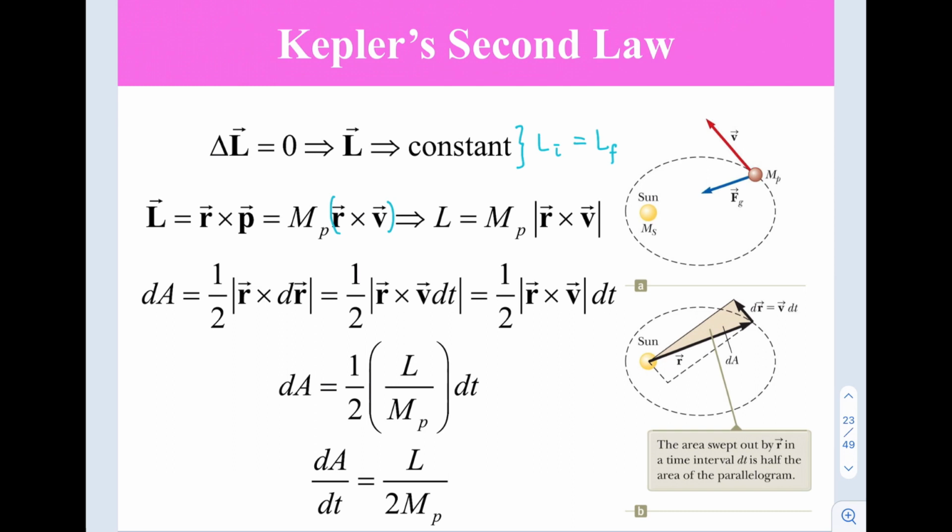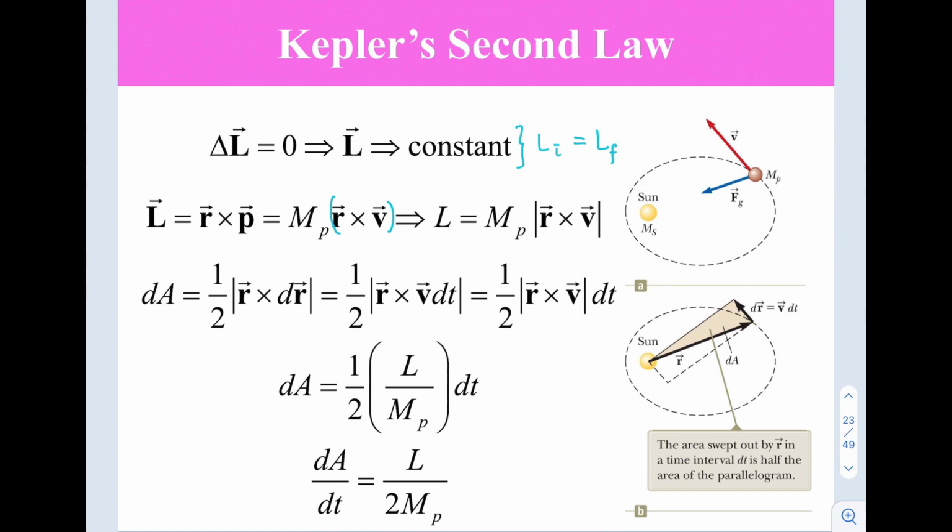Taking into consideration the elliptical orbit just now, let's say one of the foci is the sun and the other focus is empty. At this position, with respect to the sun, the planet has a position vector r.